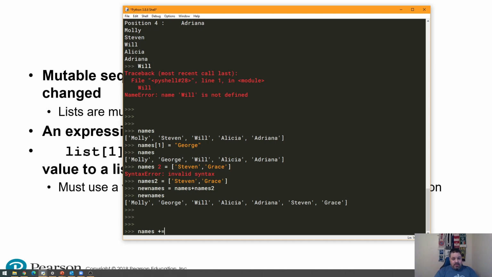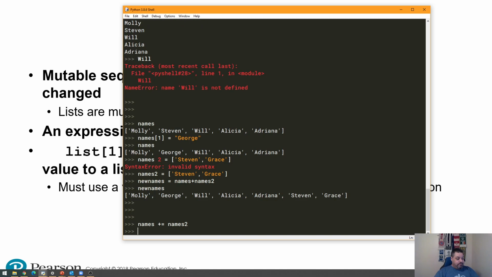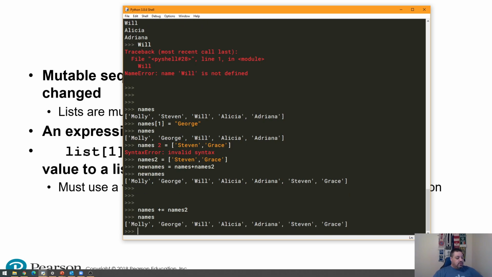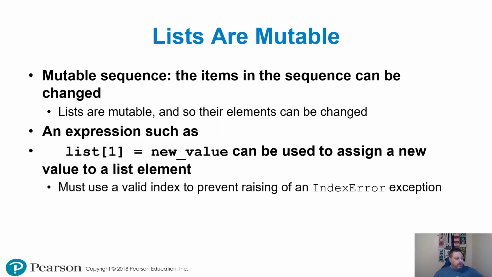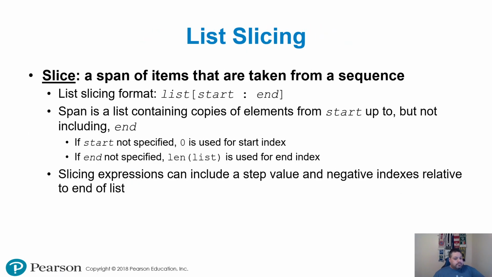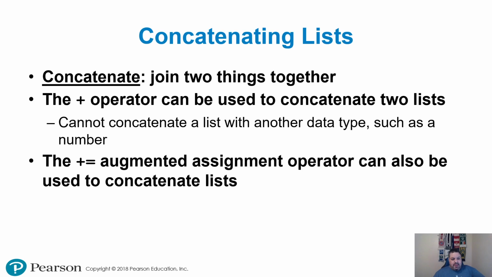So if we wanted to say names equals names plus names 2, we can do that, or we can use this. Okay? And now when we list out names, it shows us all, just like new names. So yeah, concatenating with the plus sign to do that. The augmented assignment operator, the plus equals, works the same way.